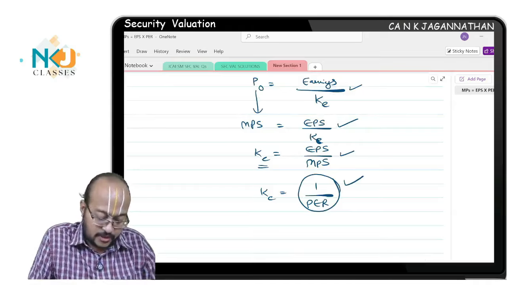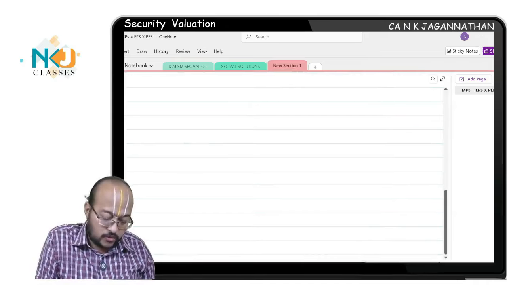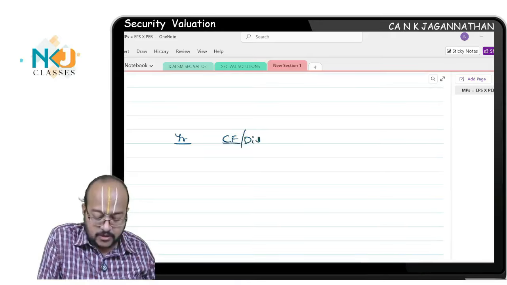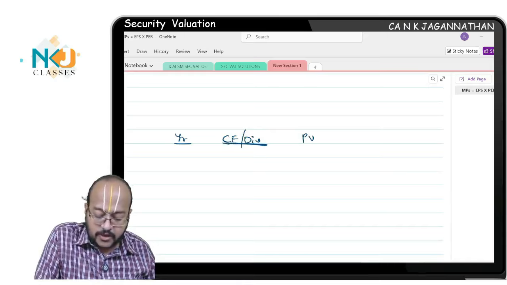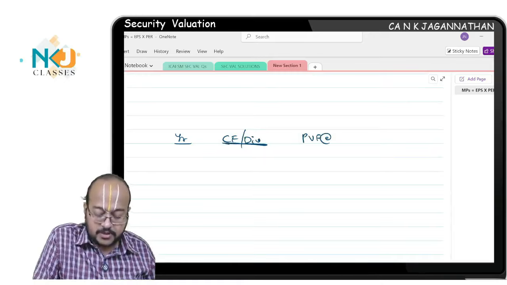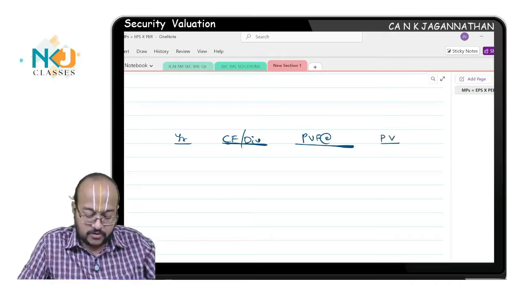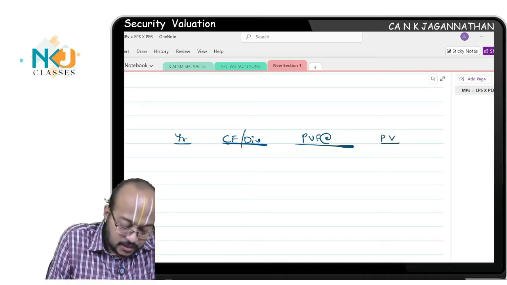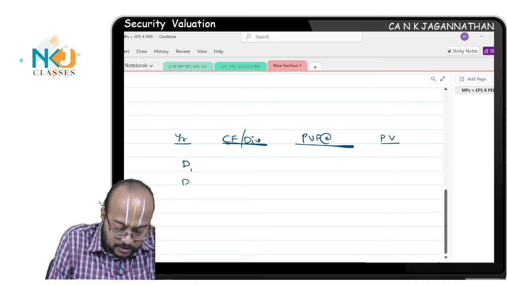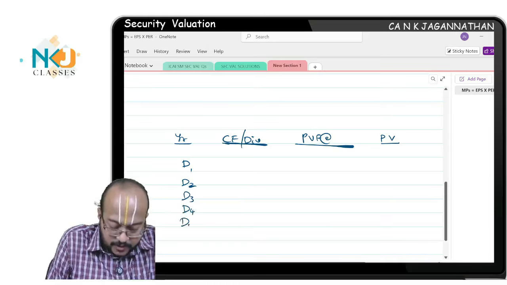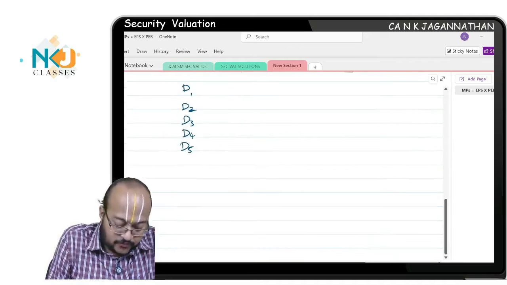I'll show you what is happening in this question. Usually what you do here, cash flow I can write, or dividends, in this case dividend is the cash flow, present value factor at some percentage, and discounted cash flow. See here D1, D2, D3, D4 and D5 and P5.